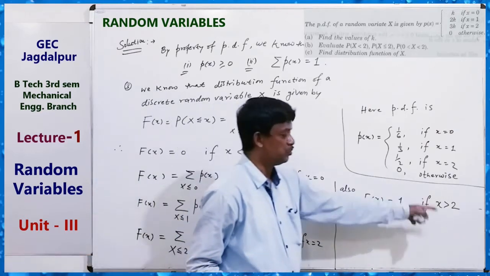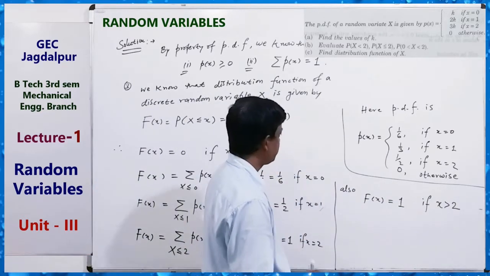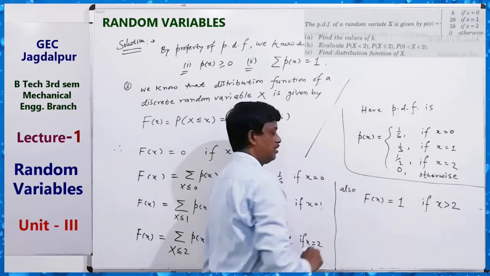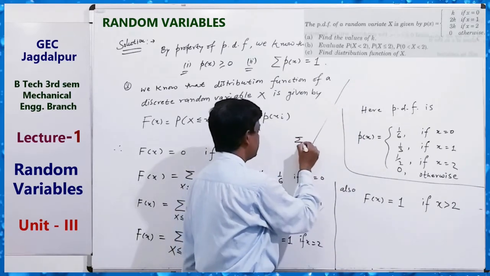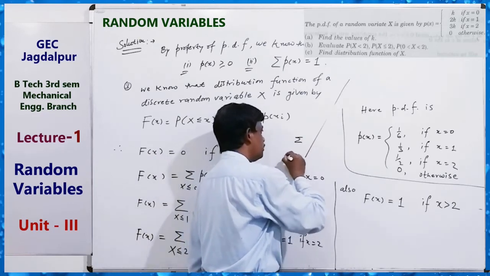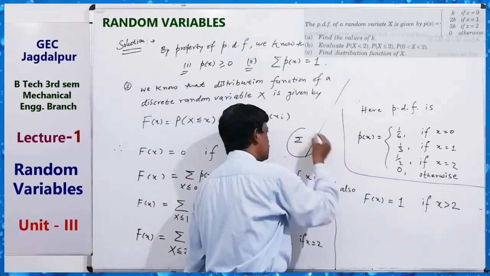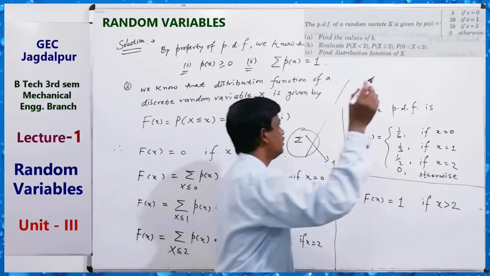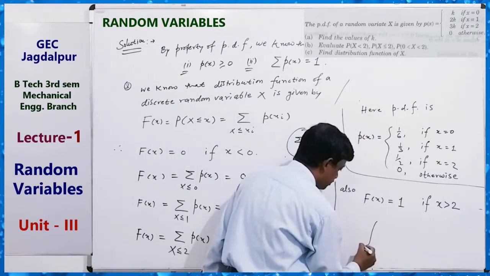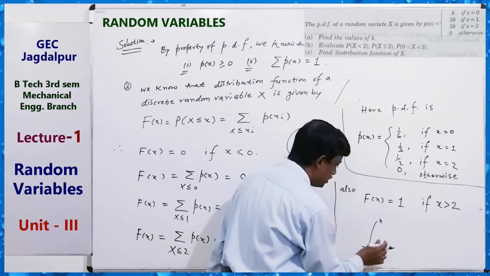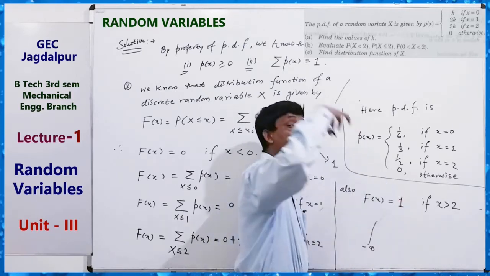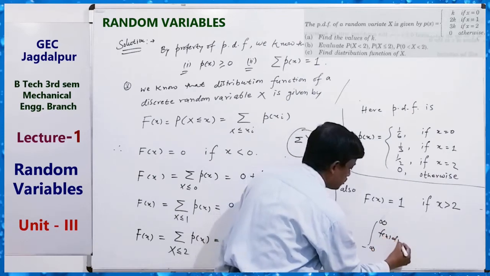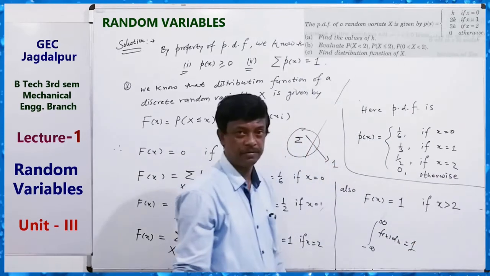X greater than 2 means total, from lower value up to upper value, the sum of probability is what? 1. Similarly, for a continuous distribution, the integral from minus infinity to plus infinity of f(x) dx is always 1.